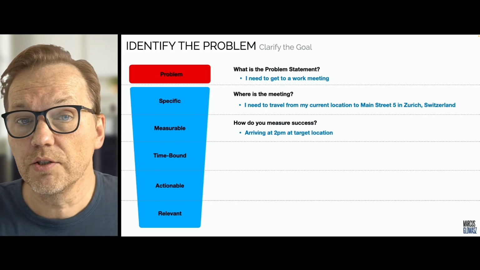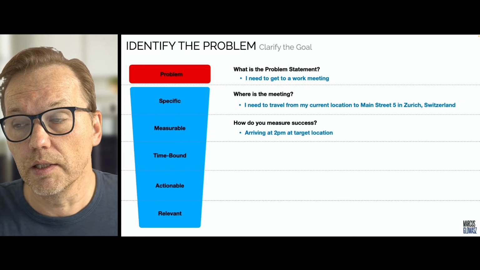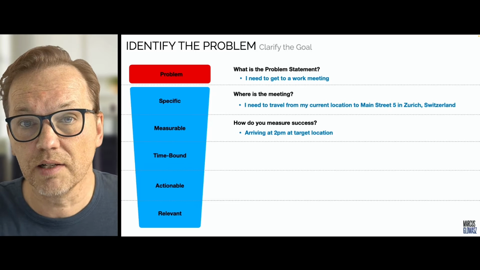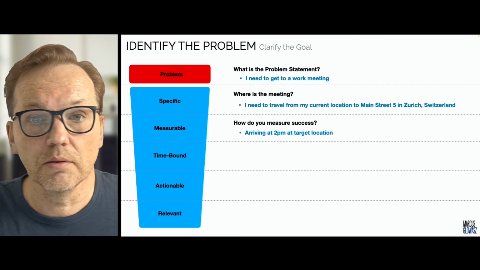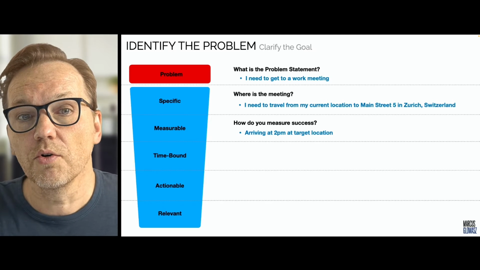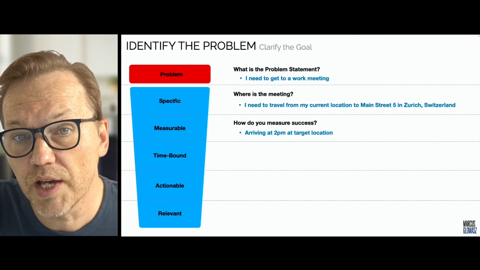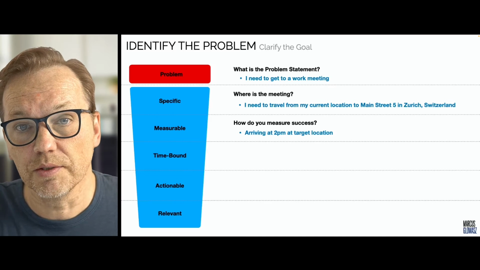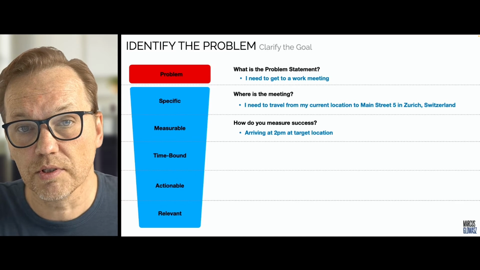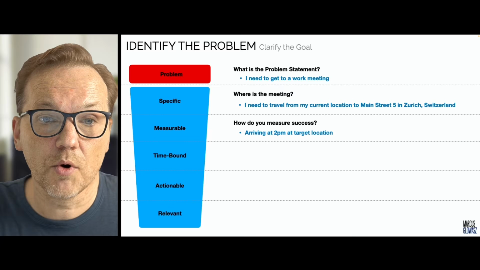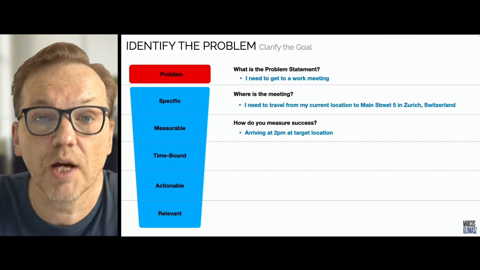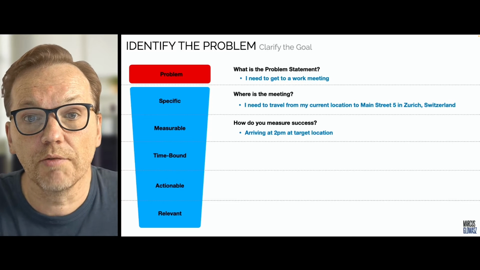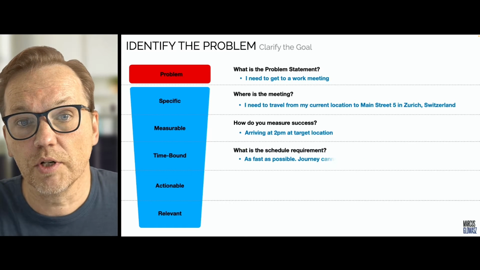Then we need to make it more measurable by understanding how does success look like, right? So we want to get there, but what are the constraints, right? So we need to arrive at 2 p.m. at the target location, at the office. Okay, that gives us some more information to define actually how much time we have available to reach that target location.